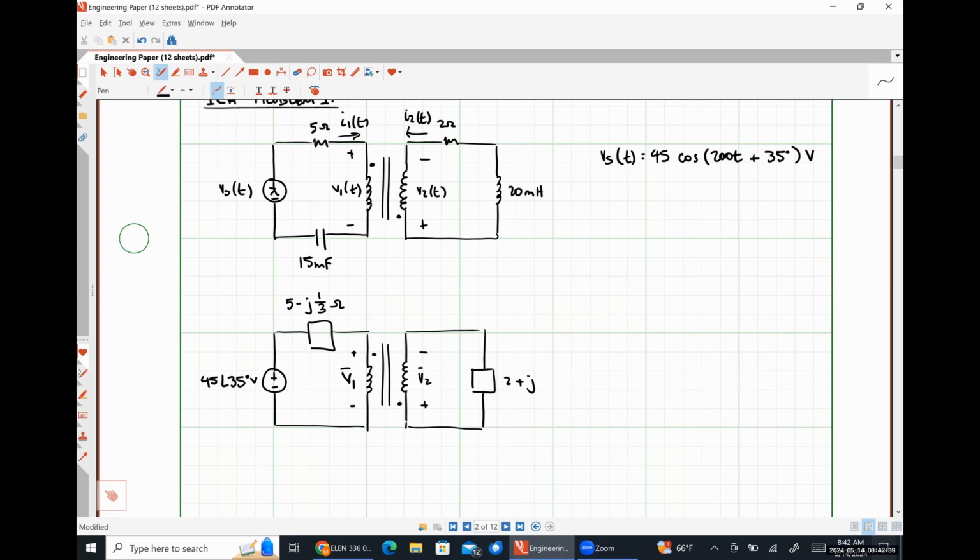So 200 times 20 times 10 to the minus 3. J4, absolutely. All right. So this is what our circuit looks like in the frequency domain in its most simple form. Let me go ahead and express my phasor current here. So this is I1, and my phasor current here is I2.